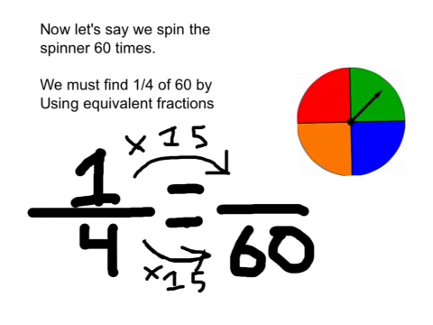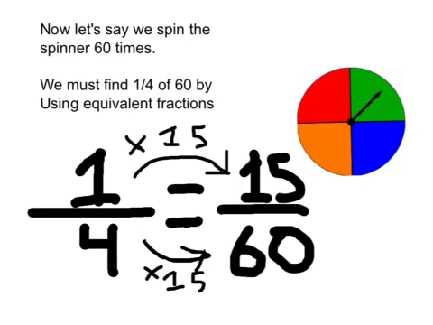As you can see, 4 times 15 equals 60. Well, if we're multiplying 4 by 15 to get the denominator, then we must multiply the numerator by 15 also. So we're going to multiply 1 by 15 to get the numerator for this fraction. 1 times 15 is 15.